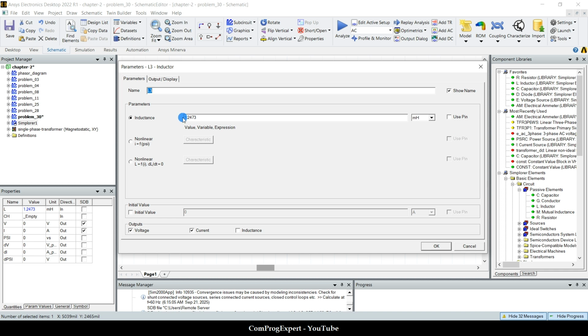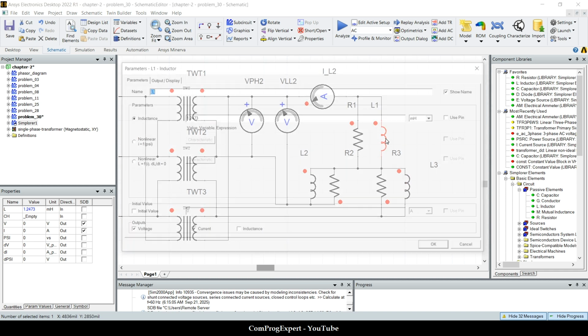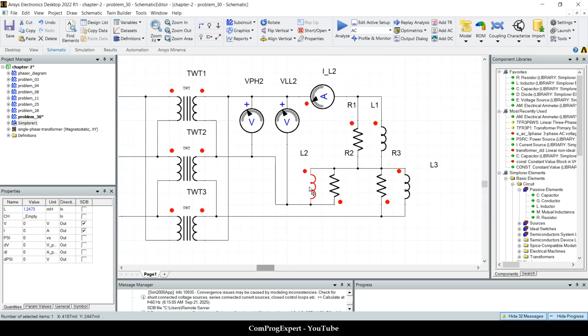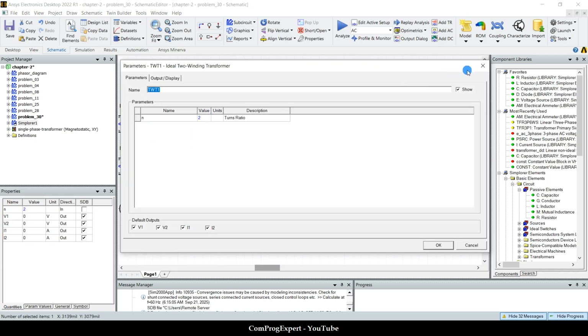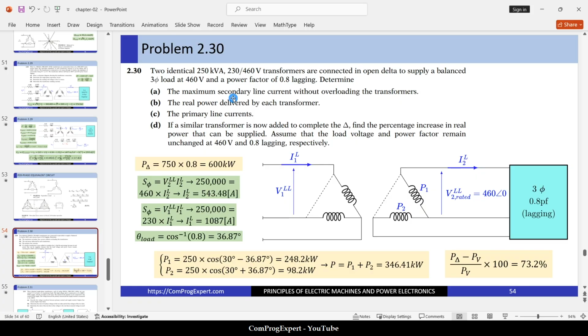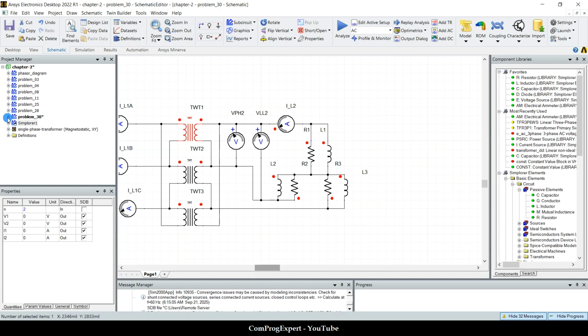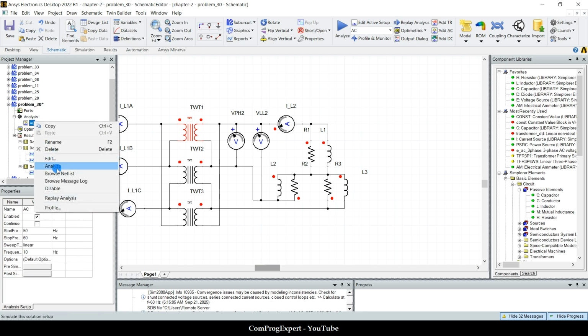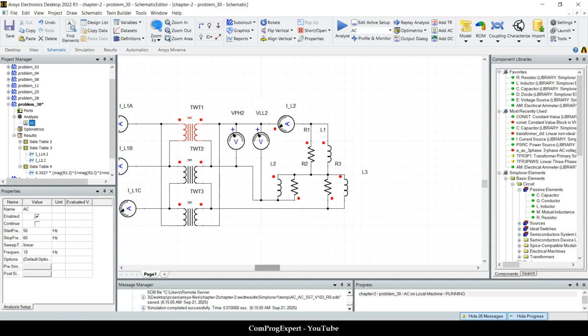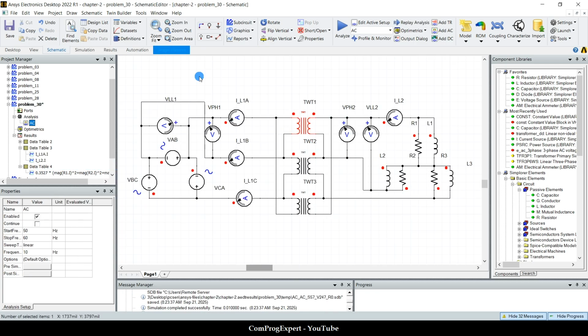If we set the numbers, okay, we have this case. Finally, we should set the transformer turns ratio equal to 2. Yes, N2 460 divided by N1 230. So here let's run this simulation, problem 30, analyze, to check the numbers.